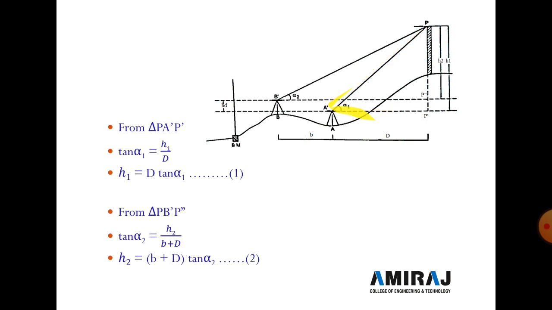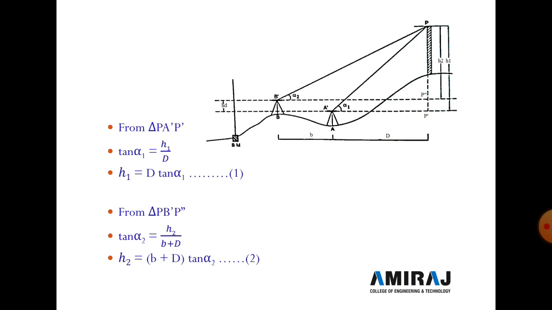Clear? For this triangle, for instrument 1 we take h1, the height from the horizontal line of sight or instrument axis to the top of the point. The horizontal distance between the station and the object is capital D.